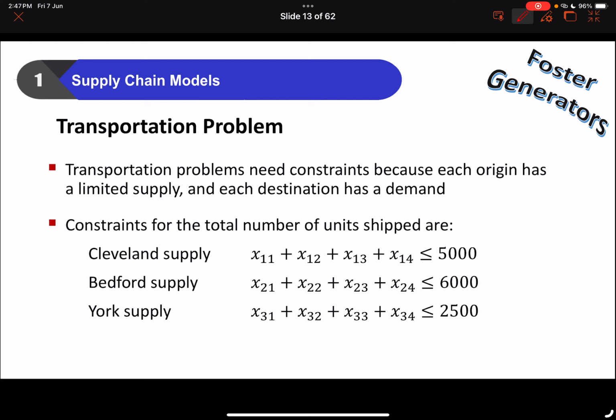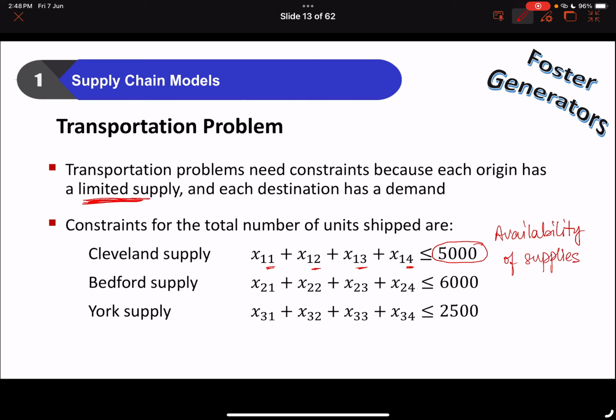Each origin only has a limited number of goods available. So the number of units sent from Cleveland to each destination must be less than the supply available, which is 5,000 units.